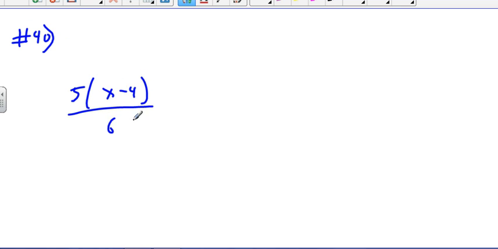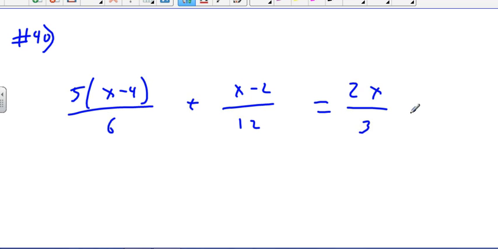Okay, so was that 40? 40 is next. All right, so 40 is next. 5x minus 4 divided by 6 plus x minus 2 divided by 12 minus 2x over 3, and that's an equal sign, equal 2x plus 1.